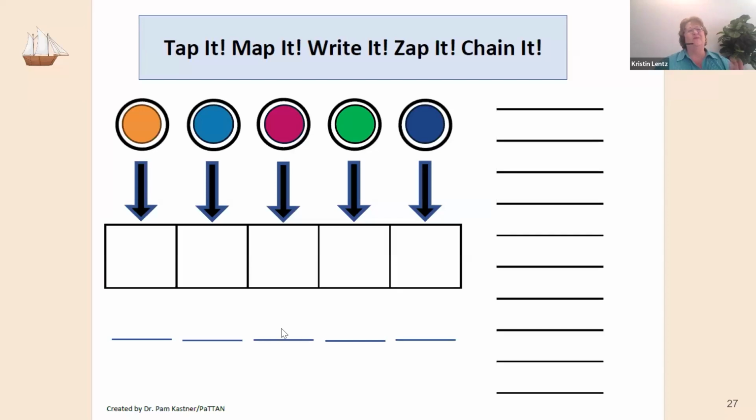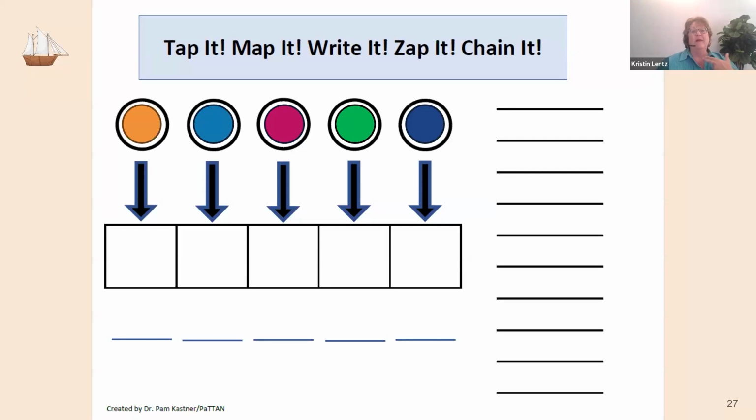Let me show you this one quickly because this one in particular would help our ELs. Like I said, I may say the word is ship. And notice that I have a picture of the ship on the screen. I could have it on a card. I could project it. This is a ship. Now, we say the word ship. I want the students to say the word back to me because I want to make sure they're pronouncing it correctly.